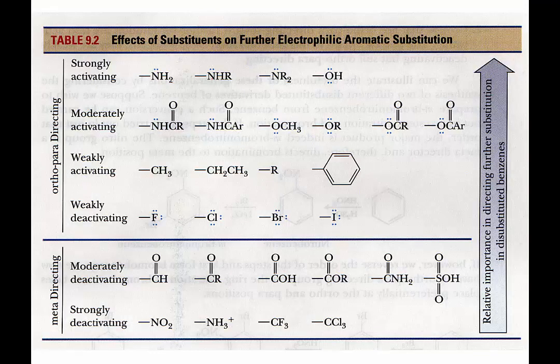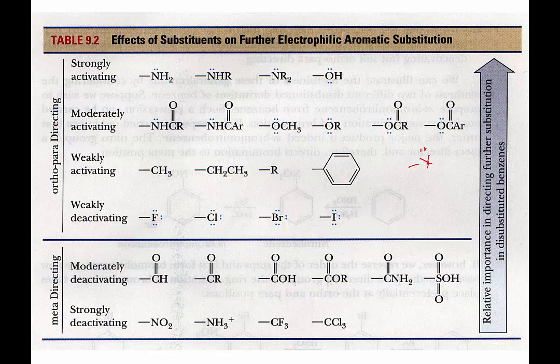And so here's a complete list of ortho-para directors and meta directors. And what you can see is that our generic groupings, like with an X with a lone pair directly attached to the ring, fits most of the ortho-para directors on there.